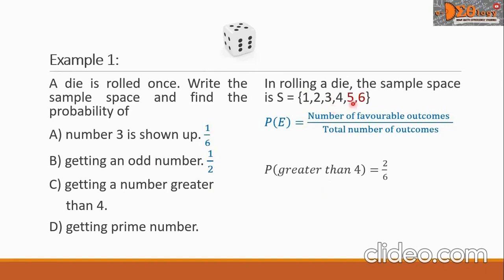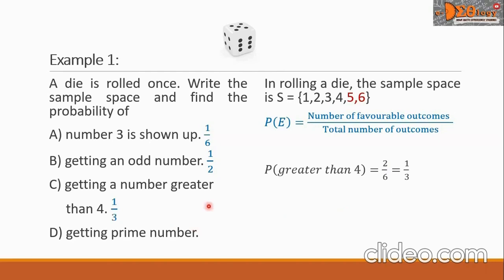In our sample space, there are two numbers that are greater than 4, namely 5 and 6. So we write here 2 over 6. And then to simplify, this is equal now to 1 over 3. And this answer we will write opposite letter C.